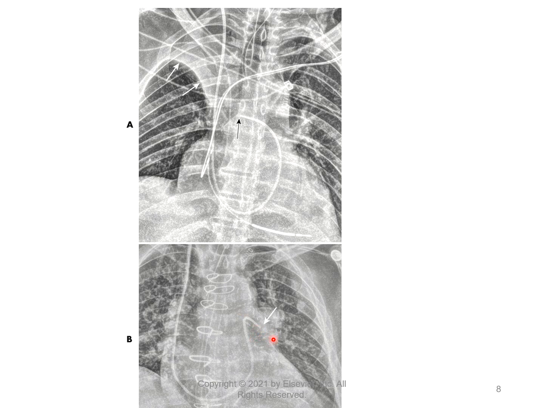So when you see this wedge-shaped appearance with the Swan-Ganz catheter, it's probably been advanced too far and obstructed the blood flow. So in this particular case, they would need to pull back on that catheter, and then they would need to treat this with heparinization or whatever they choose to do.